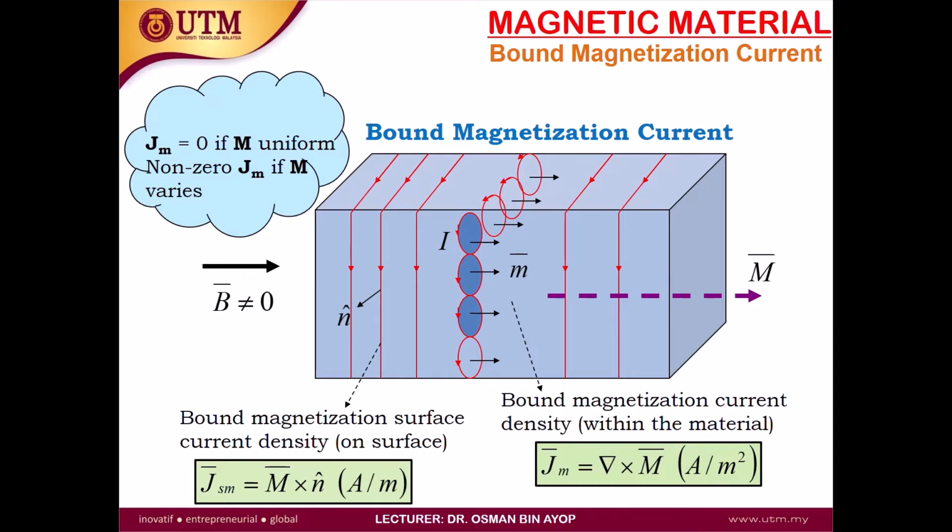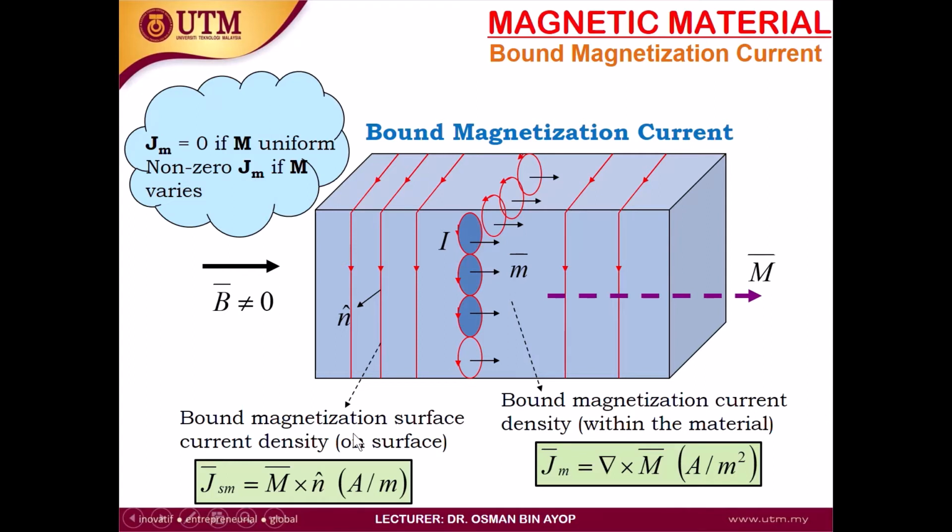Let's see another figure. Consider this figure. Let's say you have a lot of dipole moments inside the magnetic material due to the external magnetic field B. The dipole moments will arrange in the same direction, and therefore create the magnetization vector.